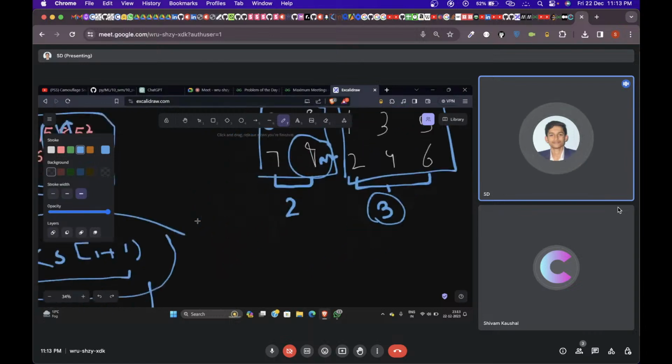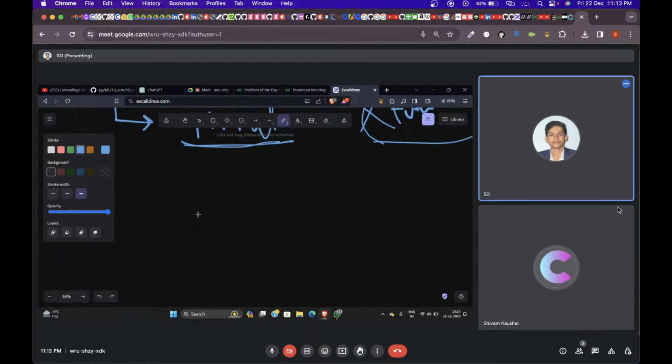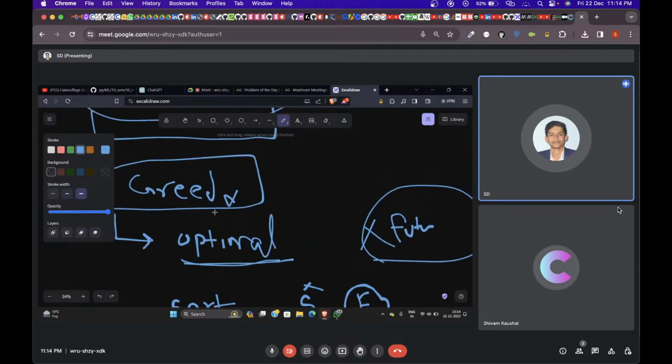So what we are going to do to solve this problem via greedy is that we are going to sort this matrix of starting time and finishing time, but we are going to sort it on the basis of finishing time, and we are simply going to ignore the starting time. I will tell you the reason behind it.